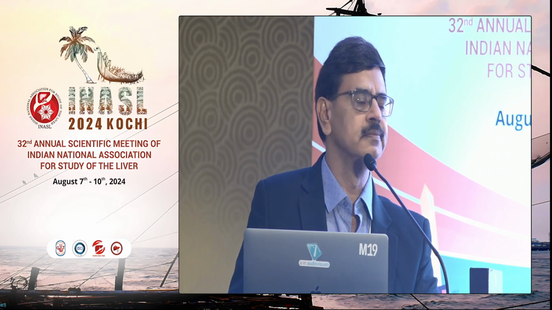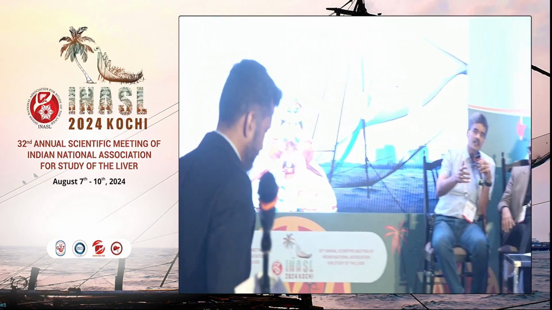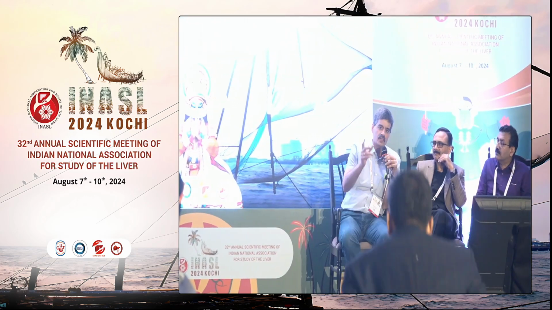I agree with you, Dr. Dinesh. Actually, when you see these studies of preemptive TIPS, they are not actually reducing rebleeding. They are actually preventing further decompensation and hence improving mortality. So one has to take that into mind, whether it is your short-term goal or a long-term goal.